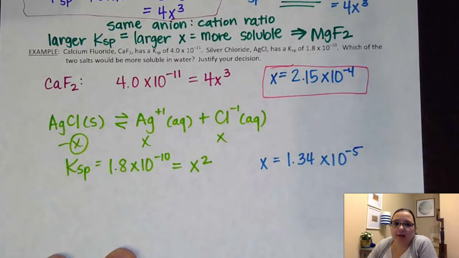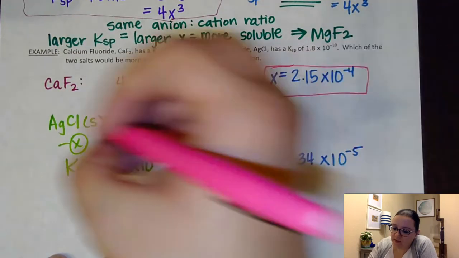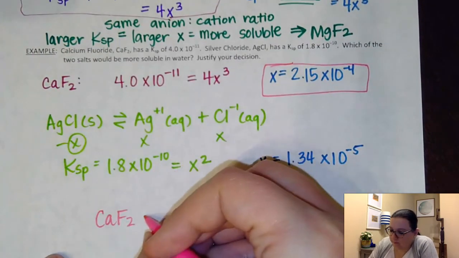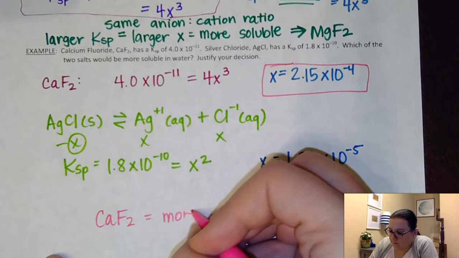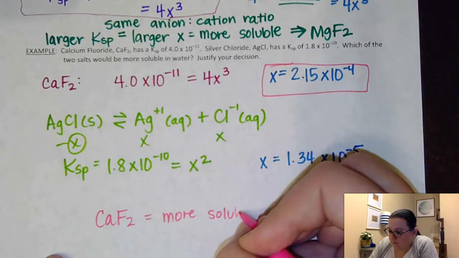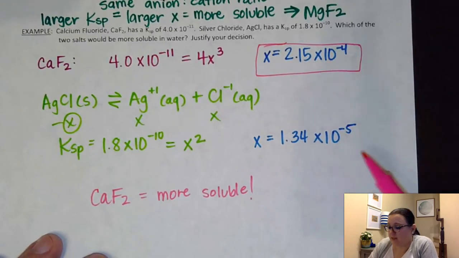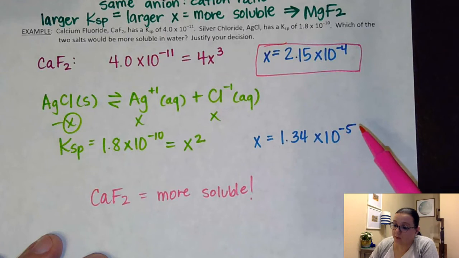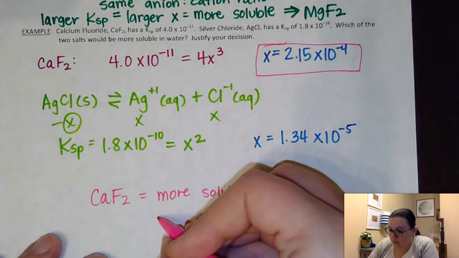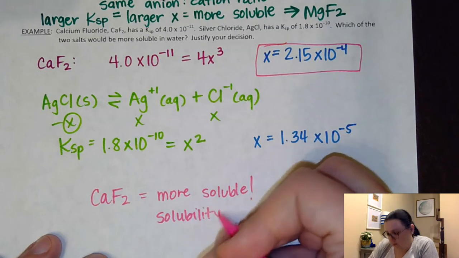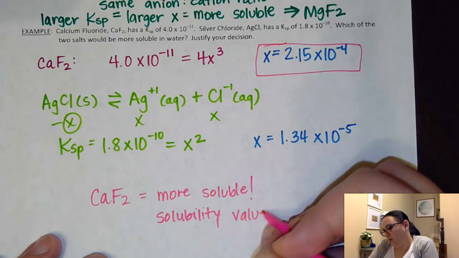If it's a bigger X, then more of it dissolved, and therefore the CaF2 is more soluble. And again, it's because it's a 10 to the negative 4th versus a 10 to the negative 5th, so the amount of solubility is greater.